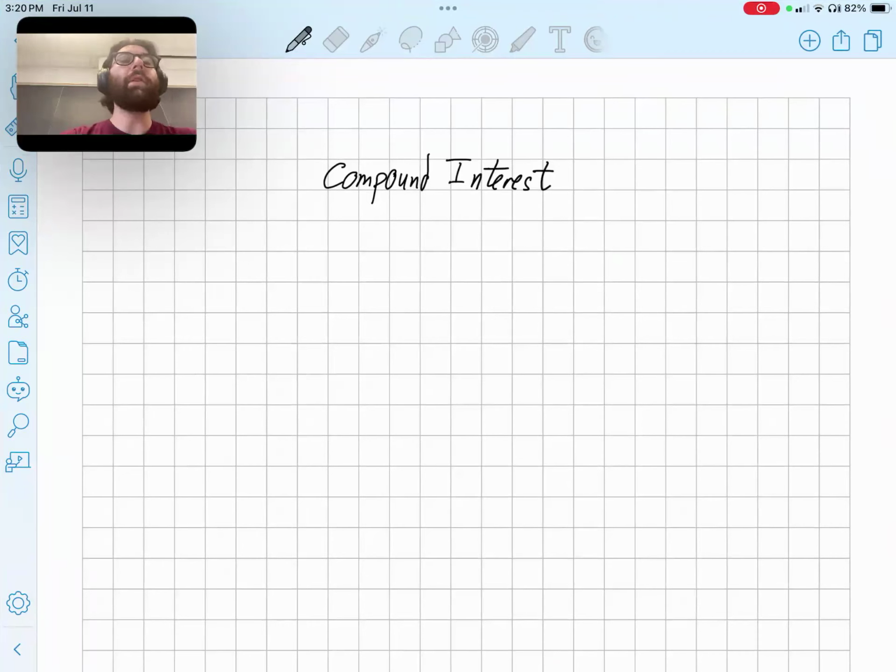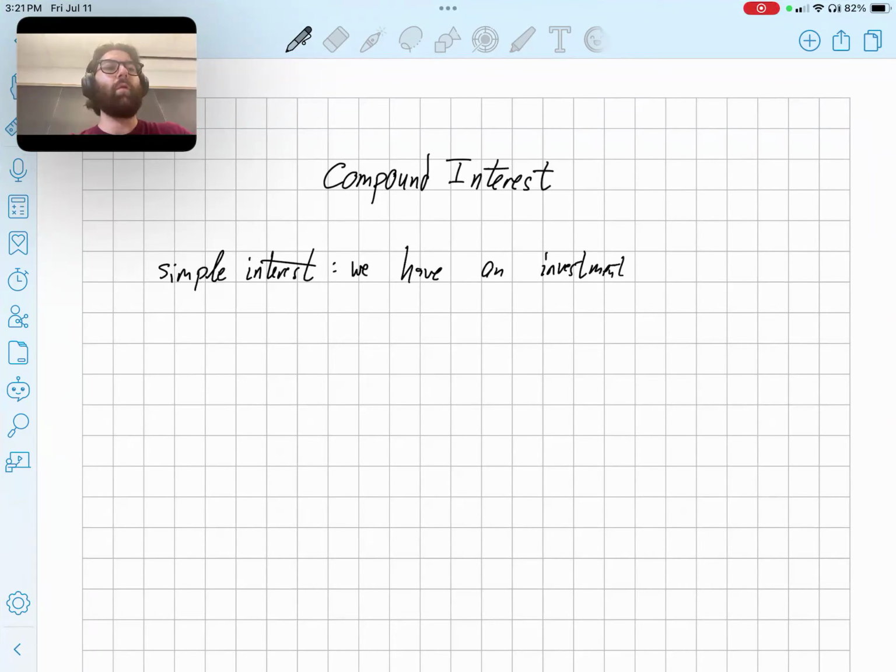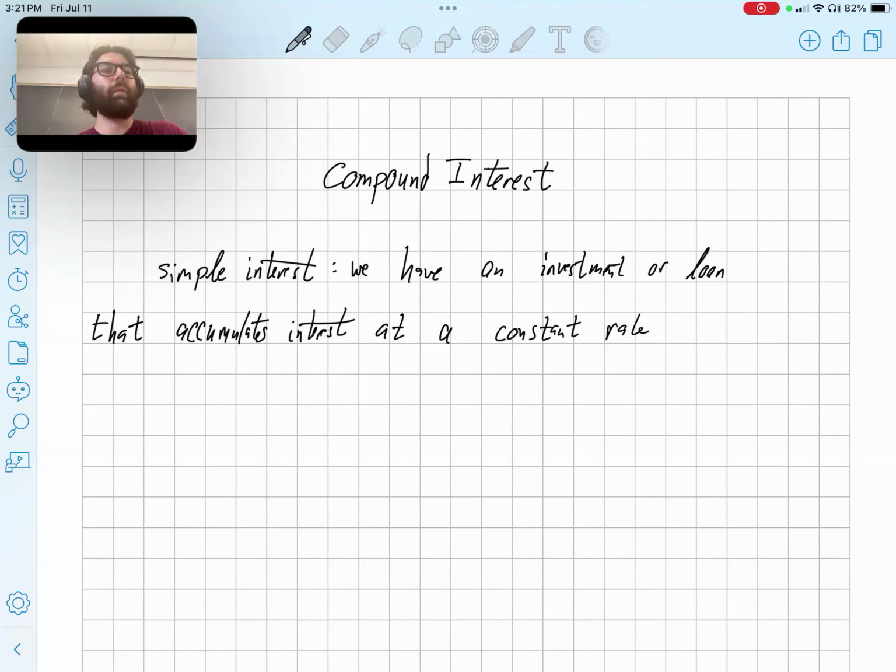Hi, everyone. In this video, we're going to be talking about compound interest. So for simple interest, we have an investment or a bank account. You have an investment or loan that accumulates interest at a constant rate each year.